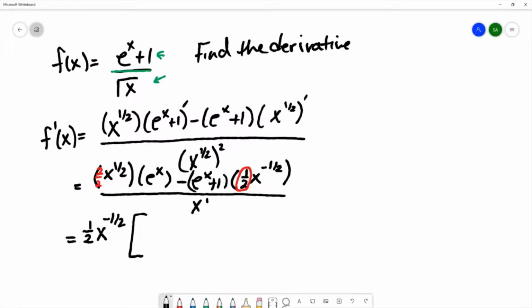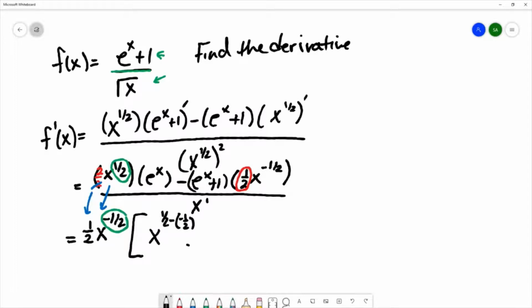So when I factor this out, this 1/2 will factor out. It's factored out right there. I'm going to factor out the x, but I'm going to have a new power on that x, and it's going to be x to the 1/2 minus negative 1/2. And the way that I got that is by doing this power minus this power.